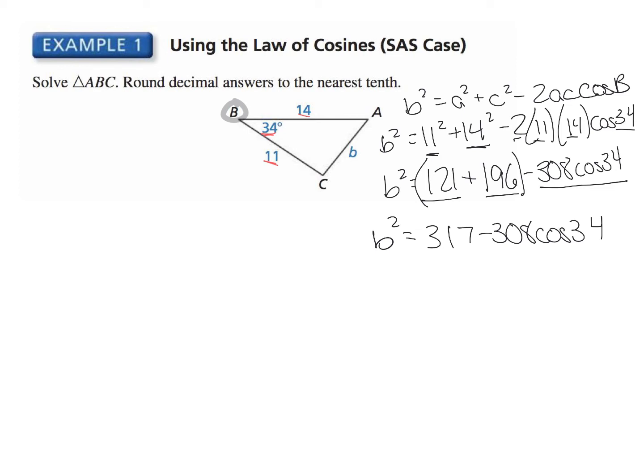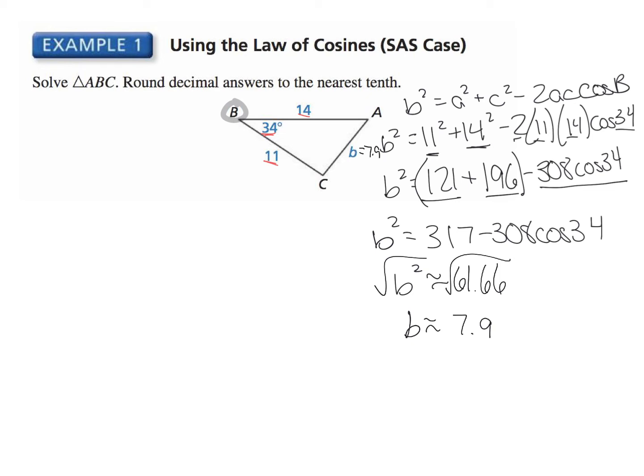And then you are going to get b squared is approximately 61.66, rounded. Then take the square root. Now, we are taking the square root, yes, but it is impossible to get a negative length value in a triangle. So we're only going to be looking at the positive answer, and that is about 7.9, rounded. Okay, so that gives us our b.